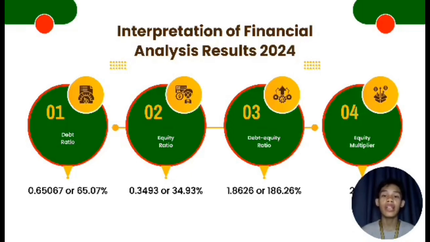Similarly, the equity ratio increased from 30.33% to 34.93%, showing a shift toward more equity financing. So these numbers indicate a slight improvement in financial stability, although the company still relies heavily on debt. We can see the change in 2024.